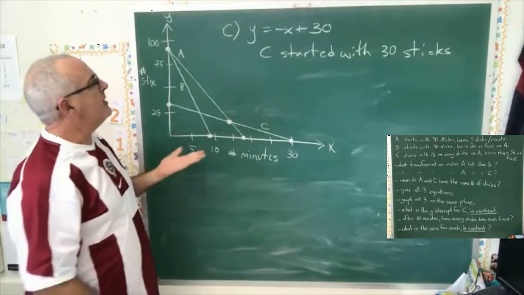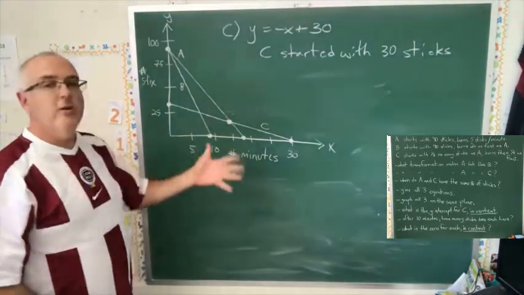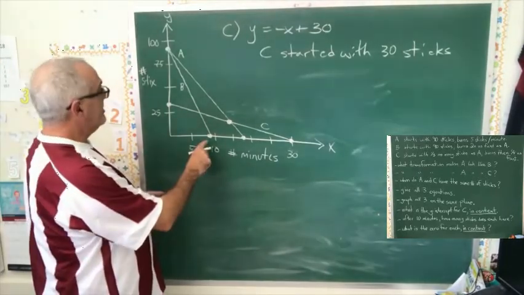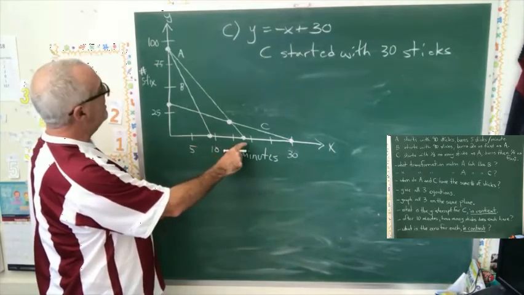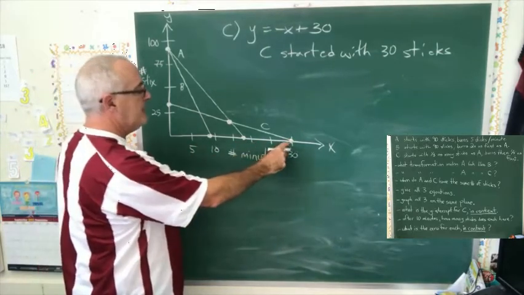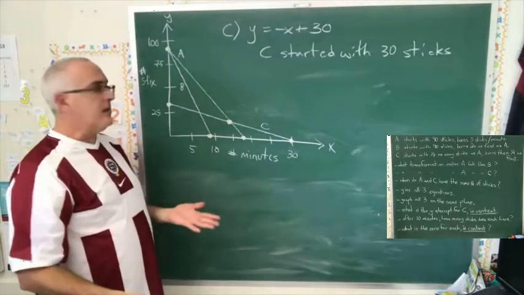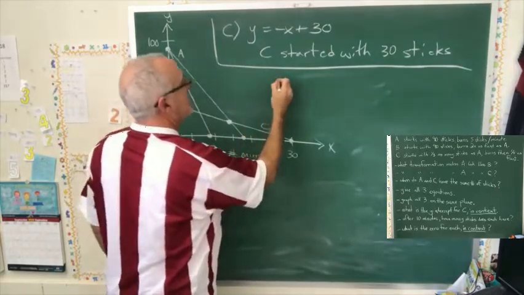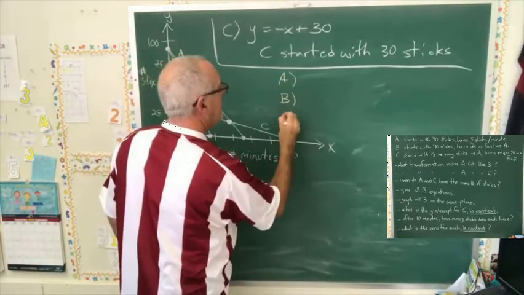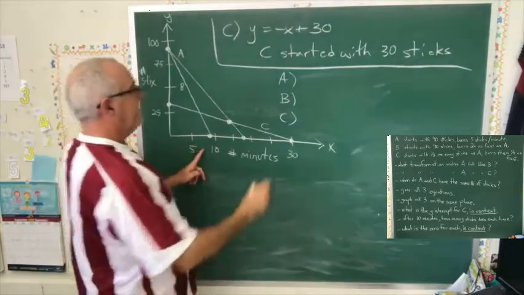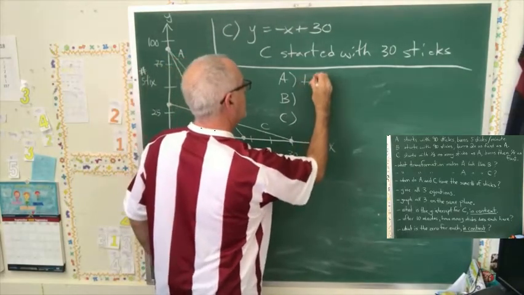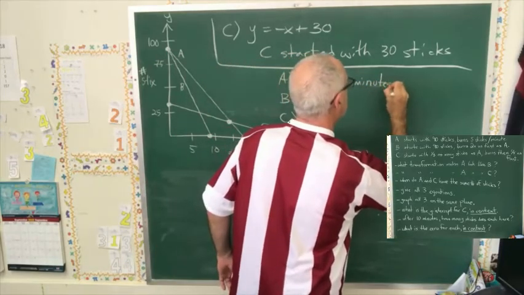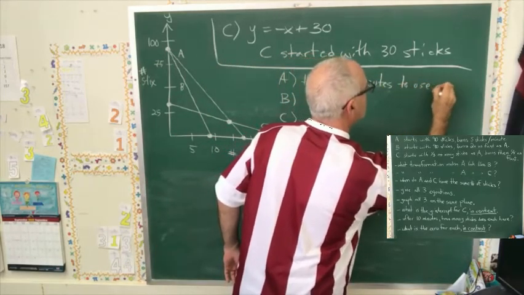Okay, now there's another question, which is, what is the zero for each in the context of the situation? We have discussed their zeros when we graphed it. The 0 for B is 9, the 0 for A is 18, and the 0 for C is 30. None of those are giving the context of the situation, though. So, zeros for A, B, and C. A takes 18 minutes to use all sticks.